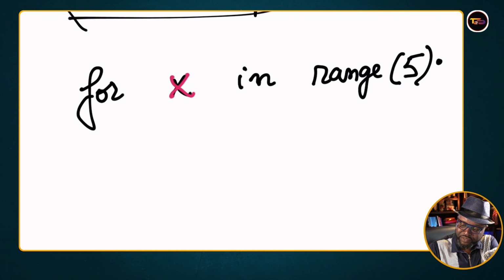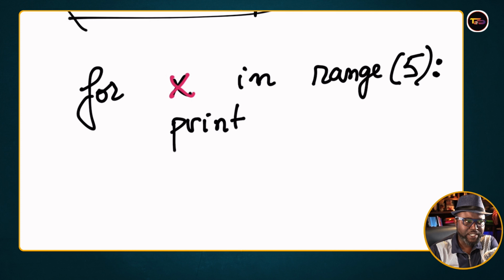Then you have the colon to define what you want to run. We want to print x, so this should be the same x. So print x, and that's it. This is the for loop.